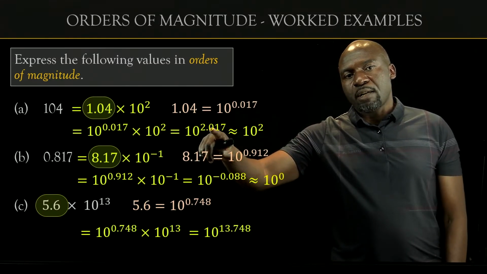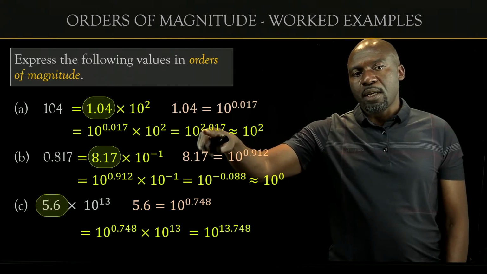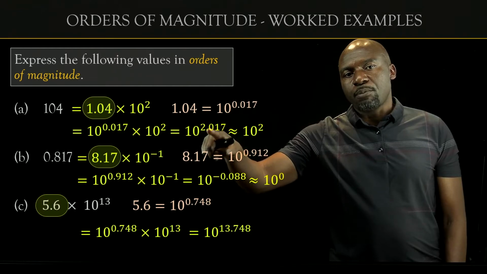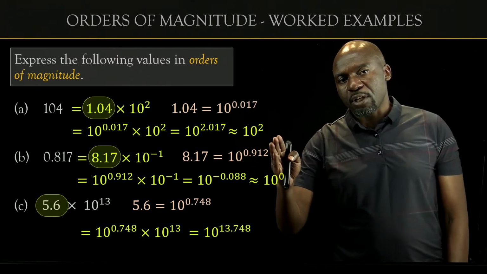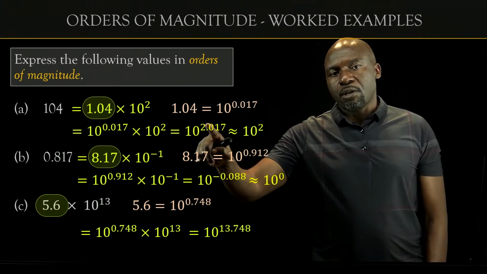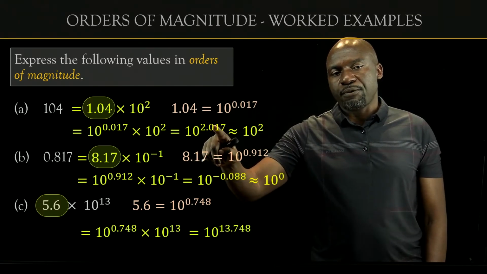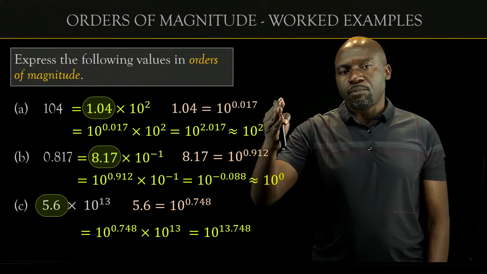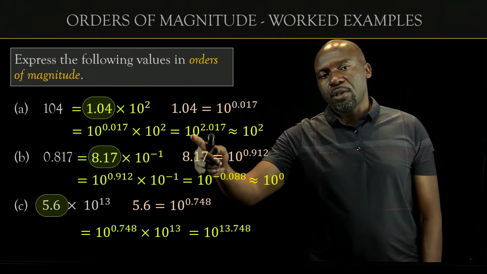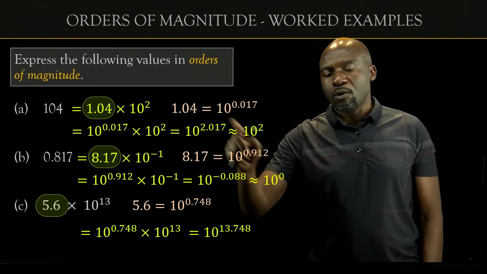If it is greater than 0.5, then we take it to 3. If it is less than 0.5, then this remains as 2. So 0.5 appears to be at the boundary. If a number is 10 to the power of 0.5 or more, then we will take it to 10 power 1. If it is less than 0.5, we will reduce it to 10 to the power of 0. So that's all we need.